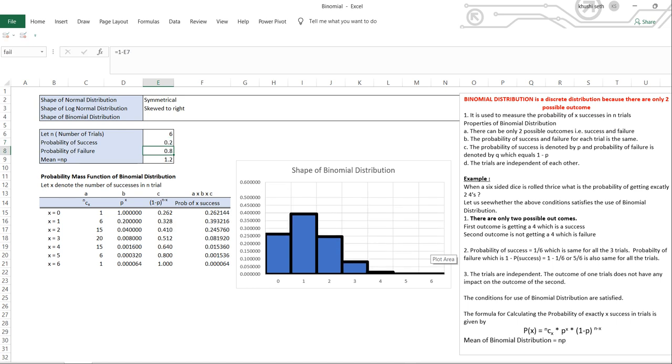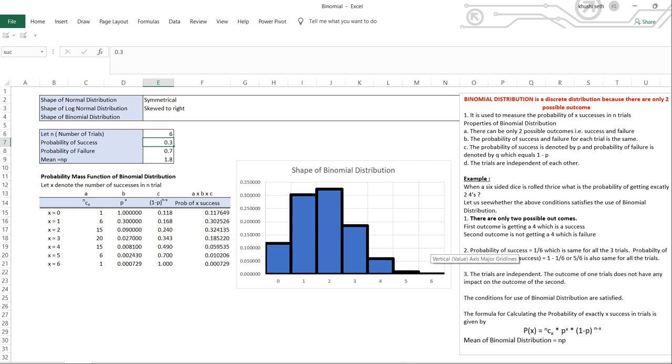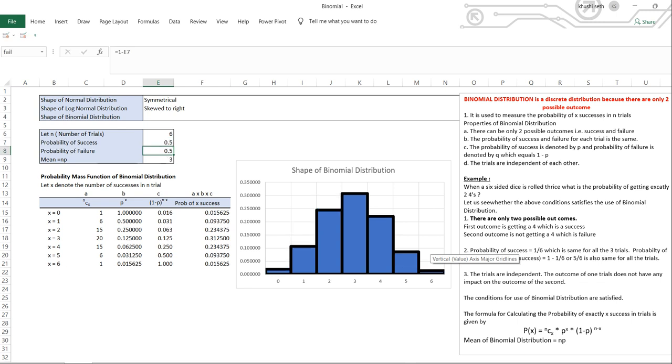When the probability of success is 0.2, again it is positively skewed or right skewed. When the probability of success is 0.3, again it is somewhat right skewed. At 0.4, the skewness is decreasing.